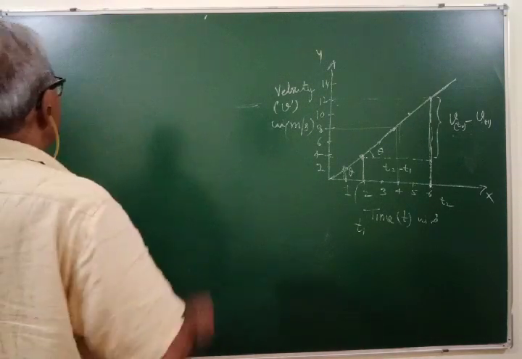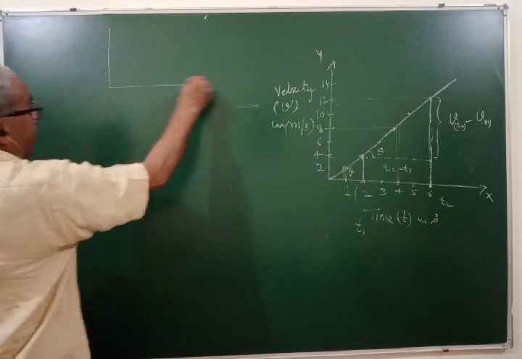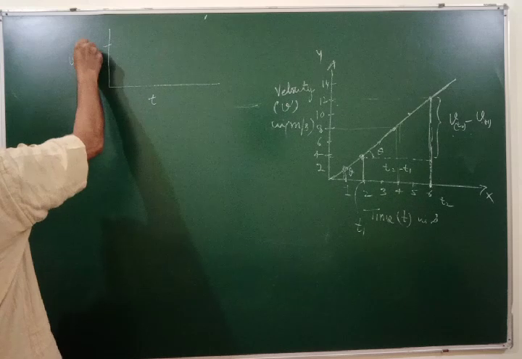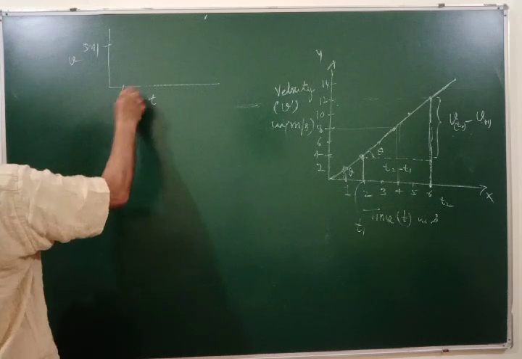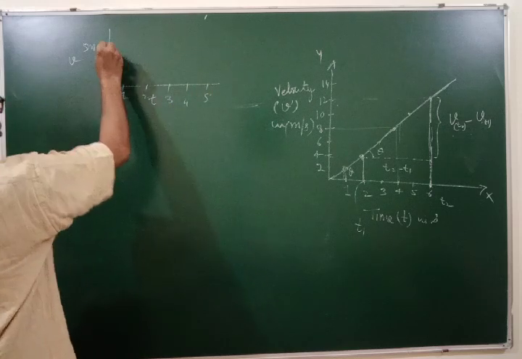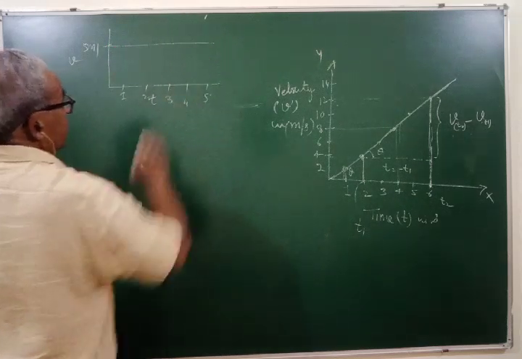Now, just now I plot this graph. Here T, here V. Suppose it is 5 meter per second here. 1 second, 2, 3, 4, 5 and so on. And so the graph comes like this.